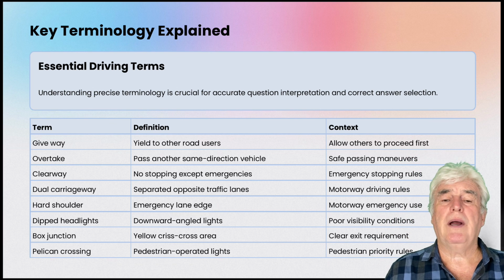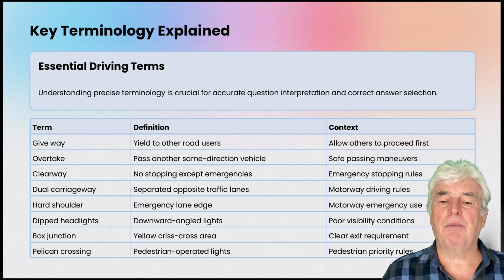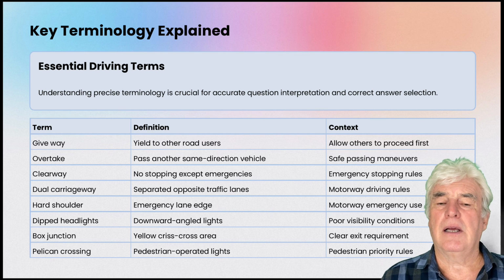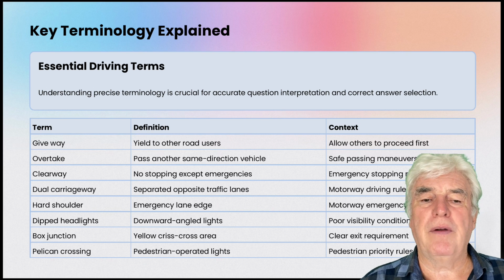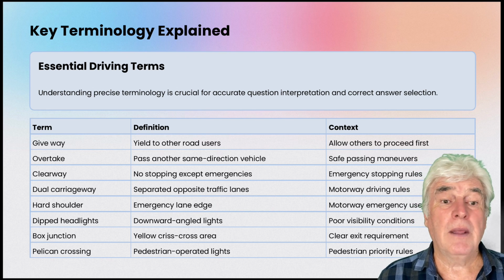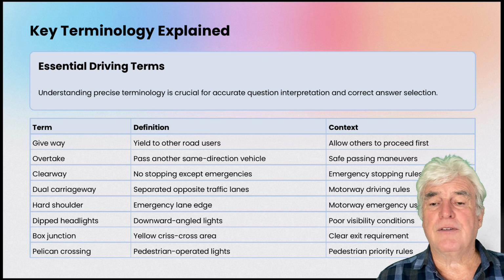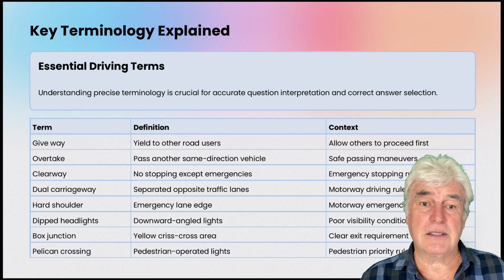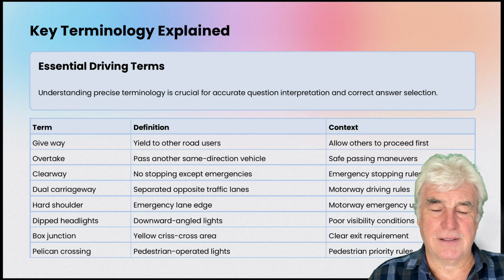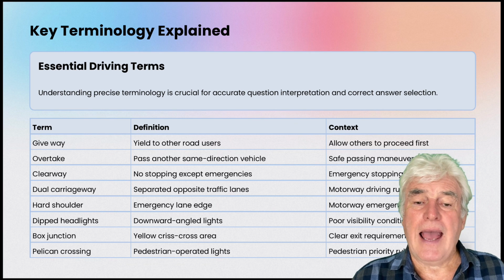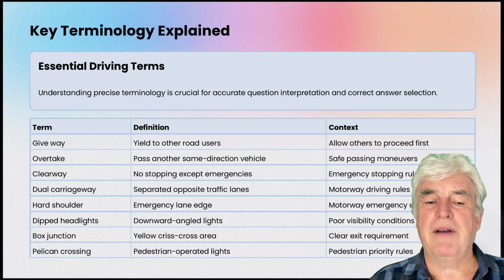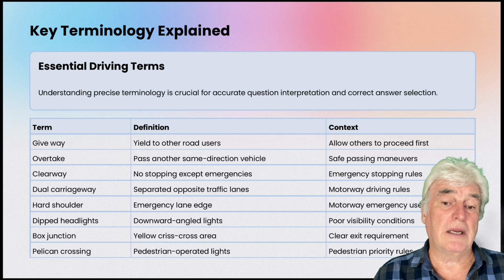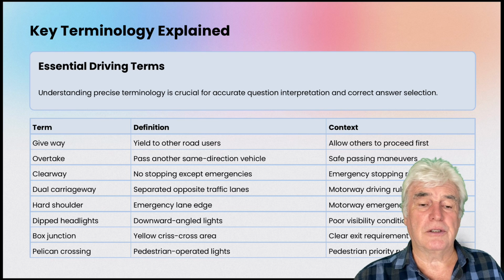A dual carriageway: a road which has separated lanes for traffic moving in opposite directions. A hard shoulder: the edge of a motorway or dual carriageway reserved for emergencies. Dipped headlights, as we've just been speaking about: headlights angled downwards to prevent dazzling other drivers, used in poor visibility conditions.